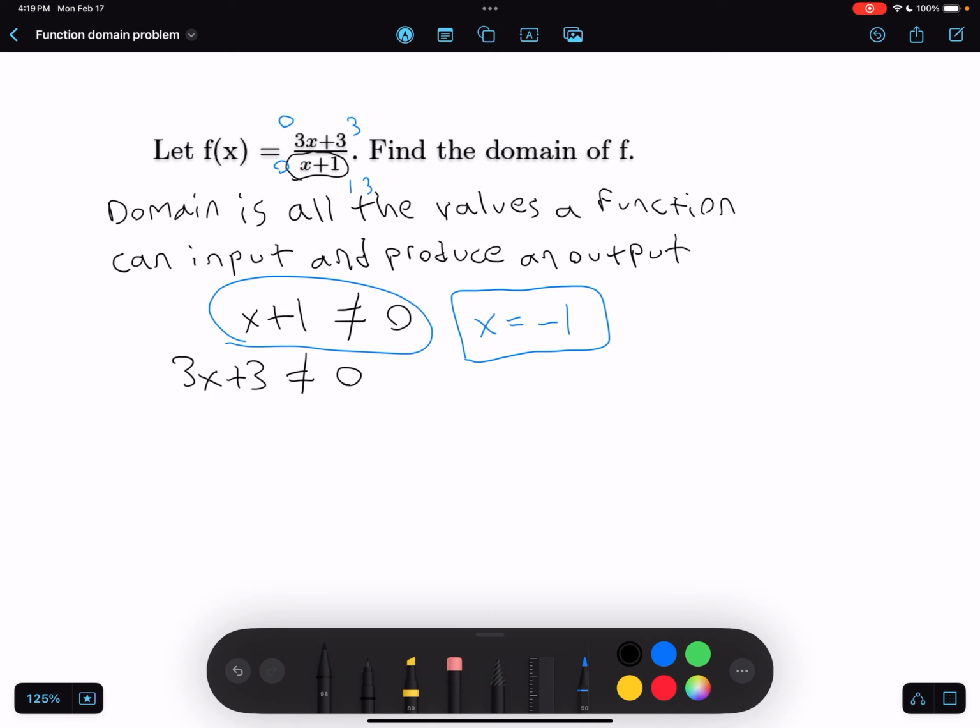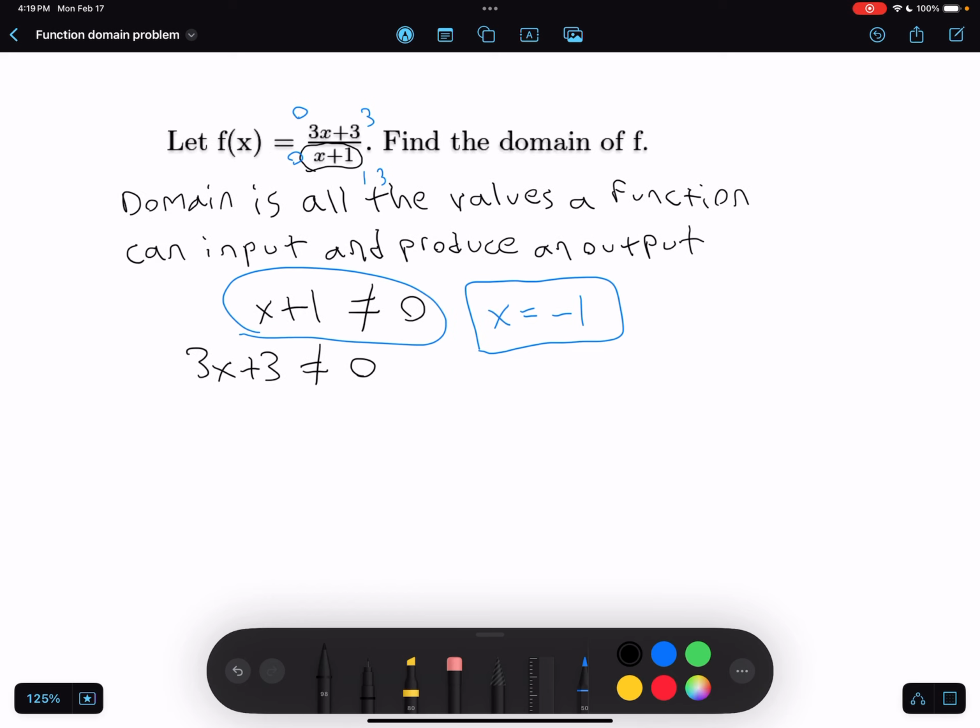Now typically, when we're asked for the domain of a function, we need to provide the answer in interval notation. Interval notation uses parentheses and brackets to describe an answer or inequality between two numbers. In this case, we know that x cannot be -1, but it can be every other real number.